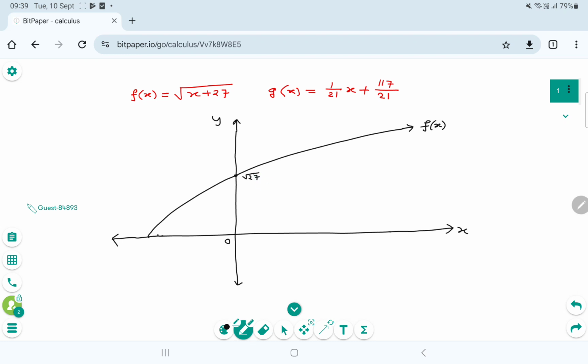For the f(x) function, the y-intercept is square root of 27, and for the g(x) function, it is 117 over 21. Which one is greater, this or this?